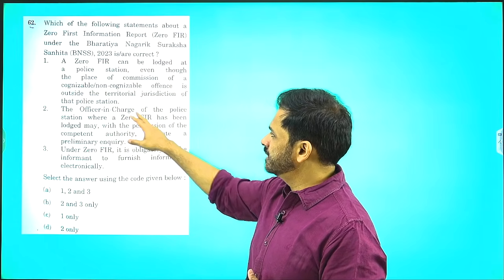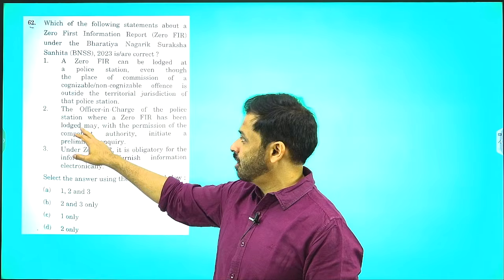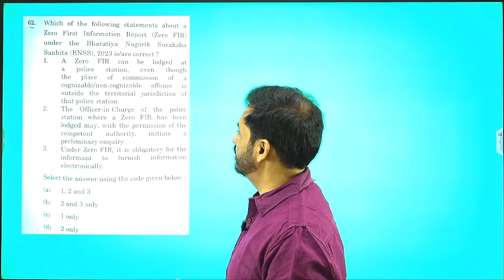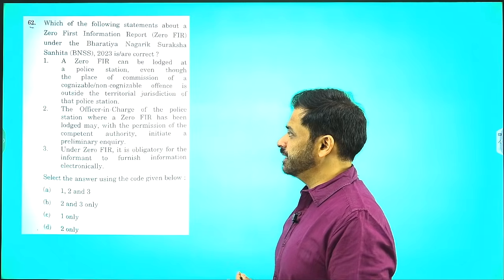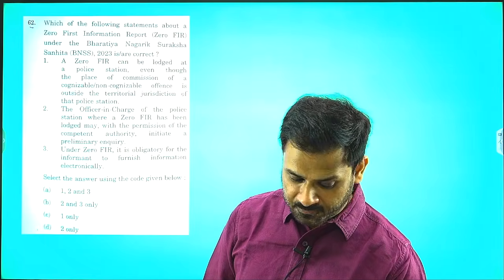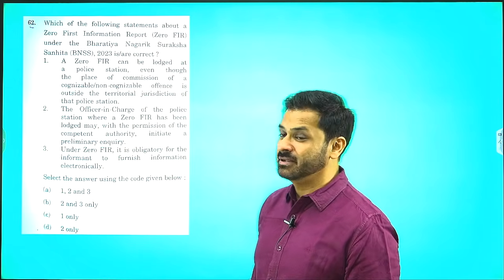The officer in charge of the police station where a zero FIR has been lodged may, with the permission of the competent authority, initiate a preliminary inquiry. This is a little vague statement because that particular section does not clearly say which officer is going to do the preliminary inquiry.